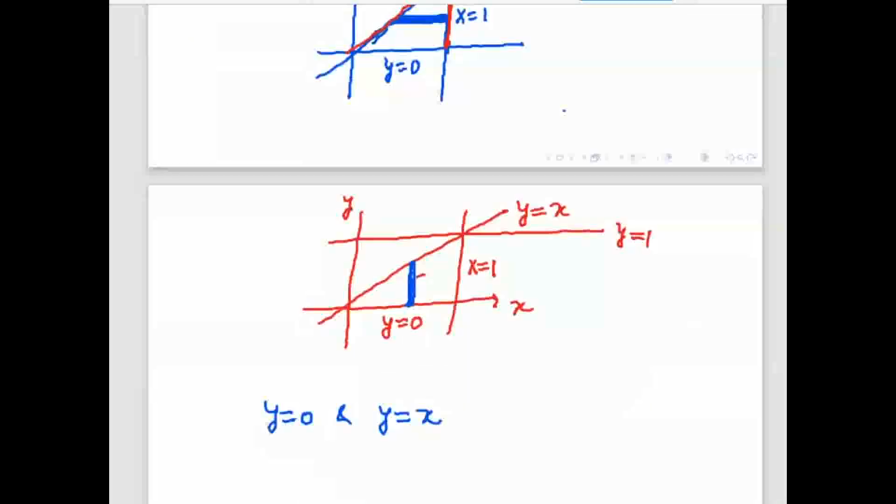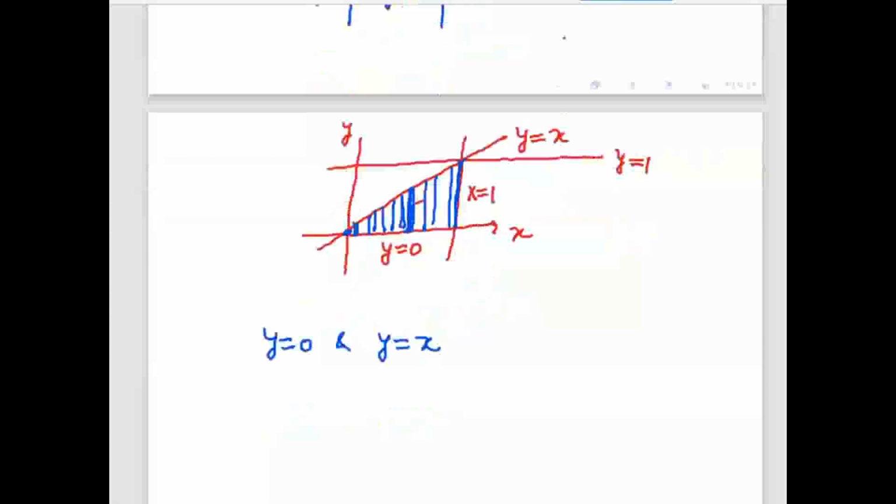Now we'll move this strip so that the whole region will be covered. That means we have to move the strip from here, like this. We have to move this strip so that it will stop here. So the whole region will be covered when you move this strip from left to right.